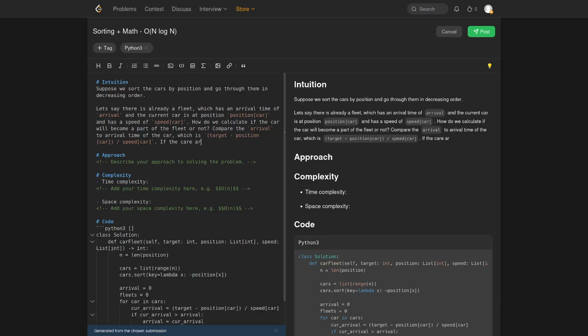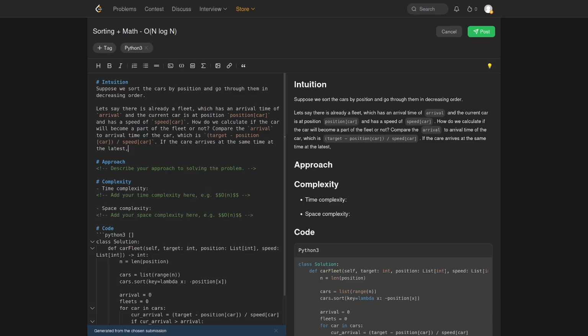If the car arrives at the same time or earlier, it will become a part of the previous fleet.